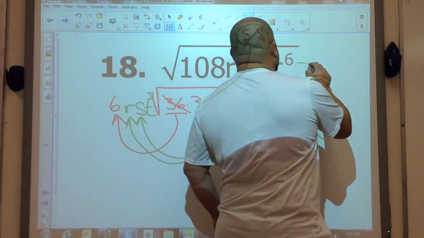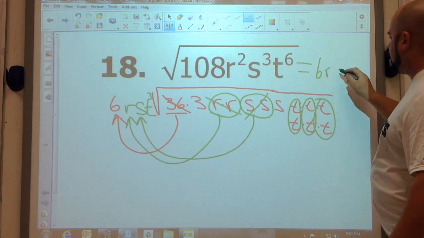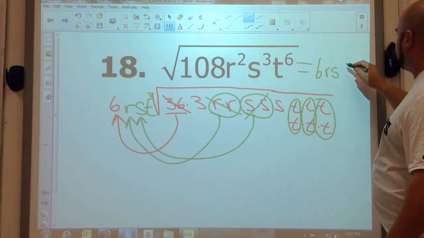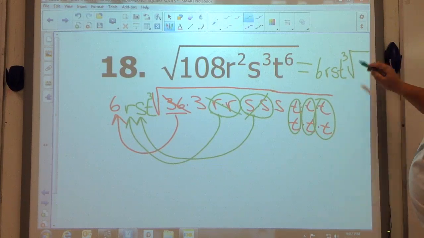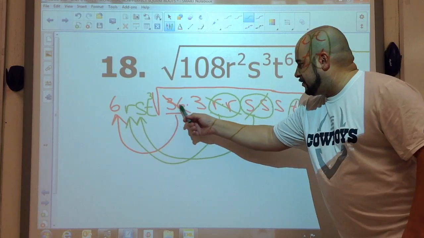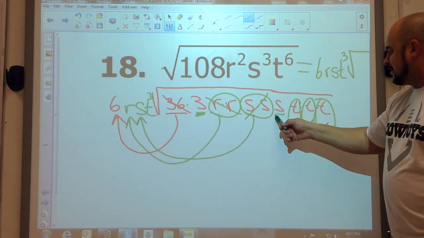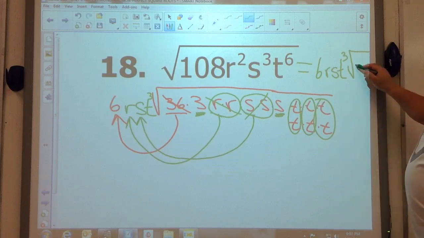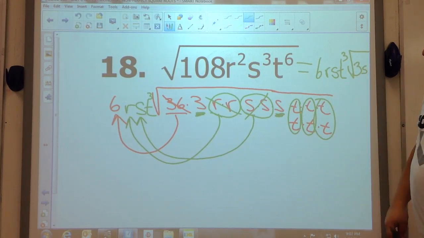So my final answer is 6 r s t to the 3rd times the square root. Do we have anything left? We have a 3 left, right there, and an s left, right there. So times 3s. So that is our final answer.